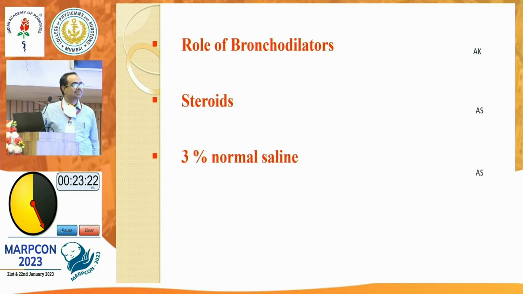So for this, sir, first of all, I would like to quote a sentence in Nelson, which clearly says that steroids, whether they are inhalational, intravenous or oral, have shown conflicting, sometimes even negative studies in case of bronchiolitis. So that's why we should not use it if we are very sure about bronchiolitis.